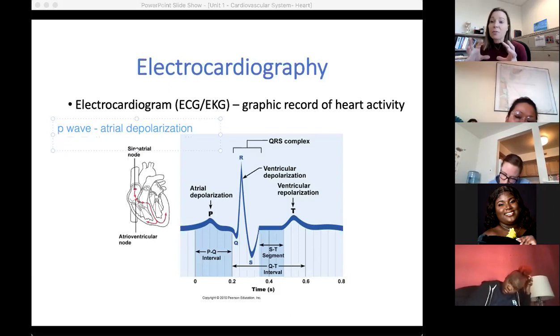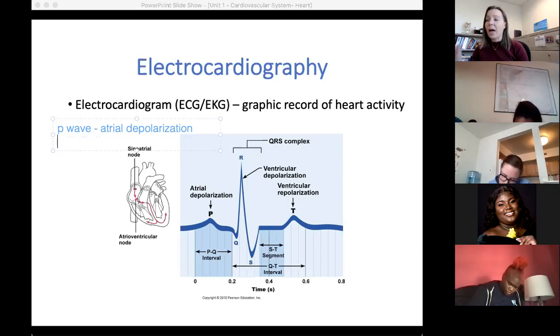As soon as you have that action potential spreading through the atria, that triggers the contraction. So it's just like any muscle contraction. You have to have the electrical signal first from the nervous system, and then it's followed by the muscular contraction. So once you have that initial action potential, that depolarization, then you're going to have atrial contraction.